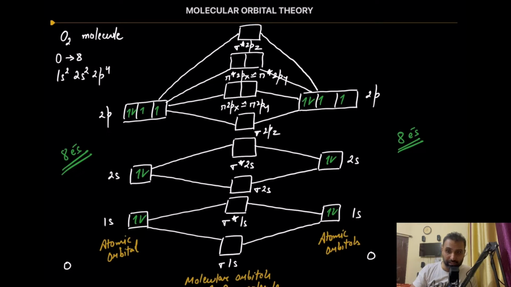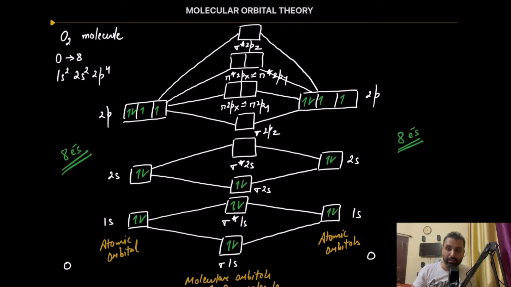So now I am filling them. First electron in sigma 1s, second electron in sigma 1s. Then electron will be filled in the next higher energy molecular orbital, that's sigma star 1s. So the third electron over here, fourth over here. Then is the turn of sigma 2s, fifth electron, sixth electron.